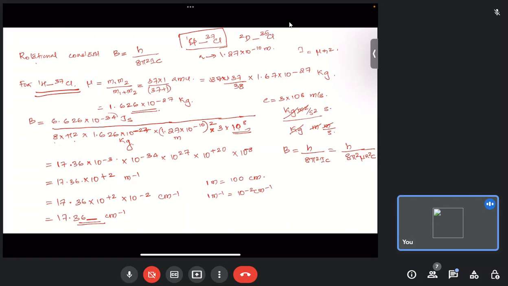I feel there is something different in how I'm converting AMU to kilogram. I think it is going to be 1.66 rather than 1.67. When you do the calculation according to 1.66, I think you will get a better estimate of B values. Anyway, I'll check it and get back to you in the next tutorial session.